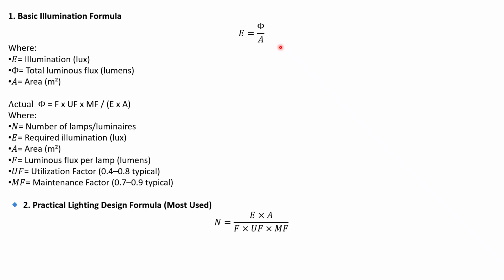Friends, now I am providing illumination calculation formulae. The basic illumination formula is illumination equal to flux divided by area, where E is illumination, phi is total luminous flux in lumens, and A is area in square meter.